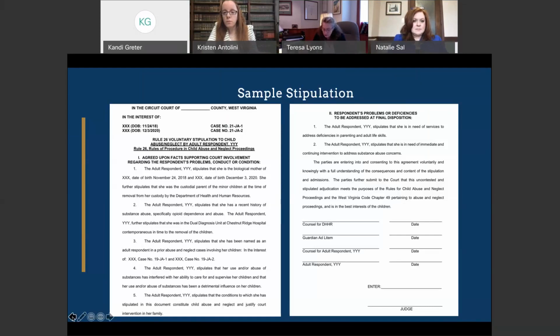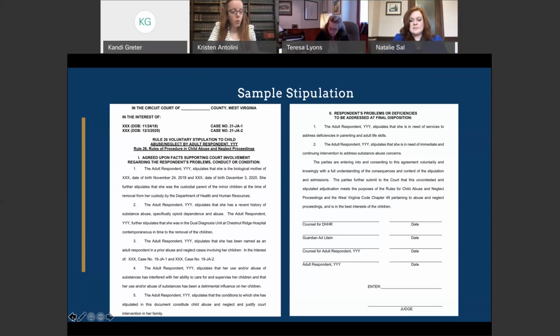The second part is the respondent identifies the problems or deficiencies to be addressed at final disposition. This is very important because it's going to drive the case. At the end of the case, you're going to look at whether the adult respondent addressed the identified problems or deficiencies at final disposition.